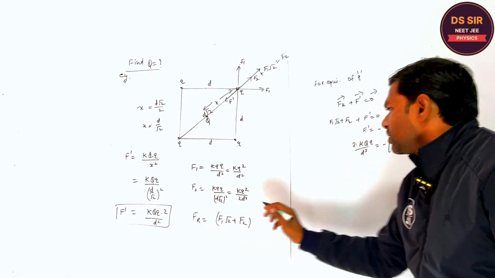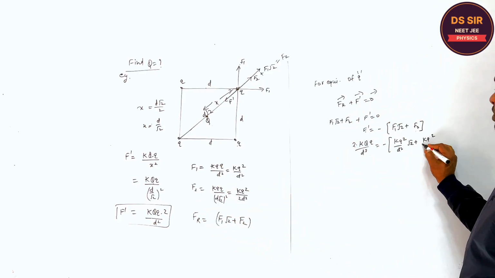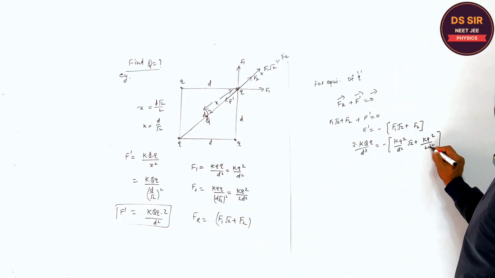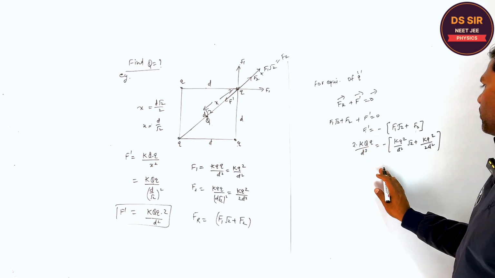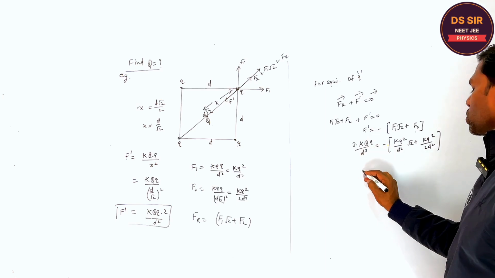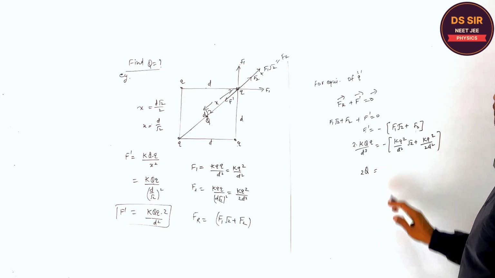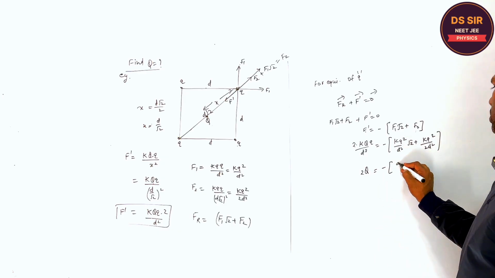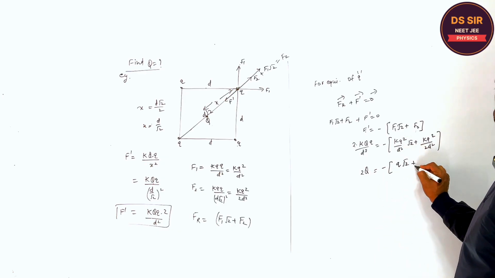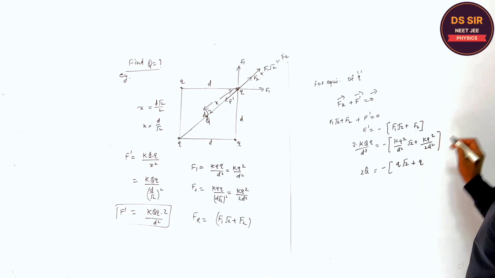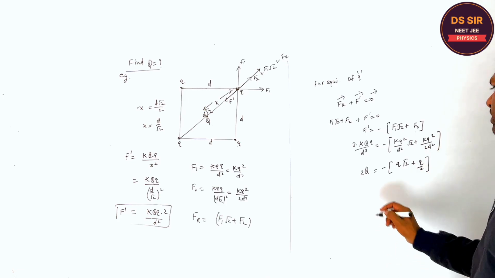Yes. 2d square. If you simplify, what will you get? K upon d square minus q root 2, and this is q upon 2. Fine.